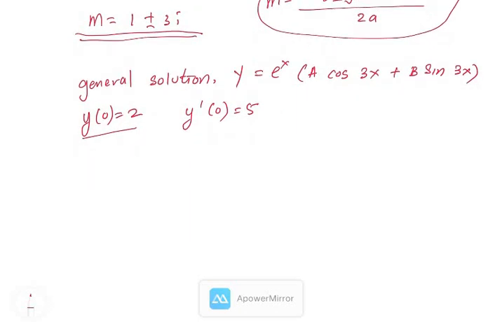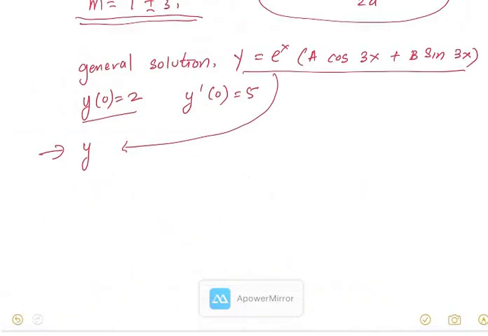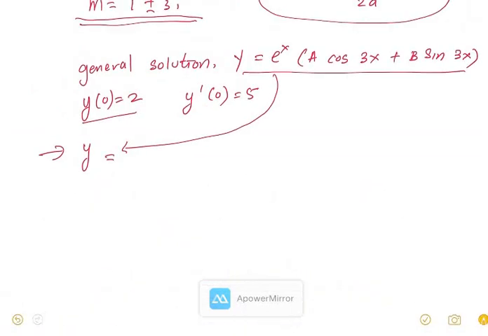So this is your y. I rewrite again: y equals e to the power x, times a cos 3x plus b sin 3x.